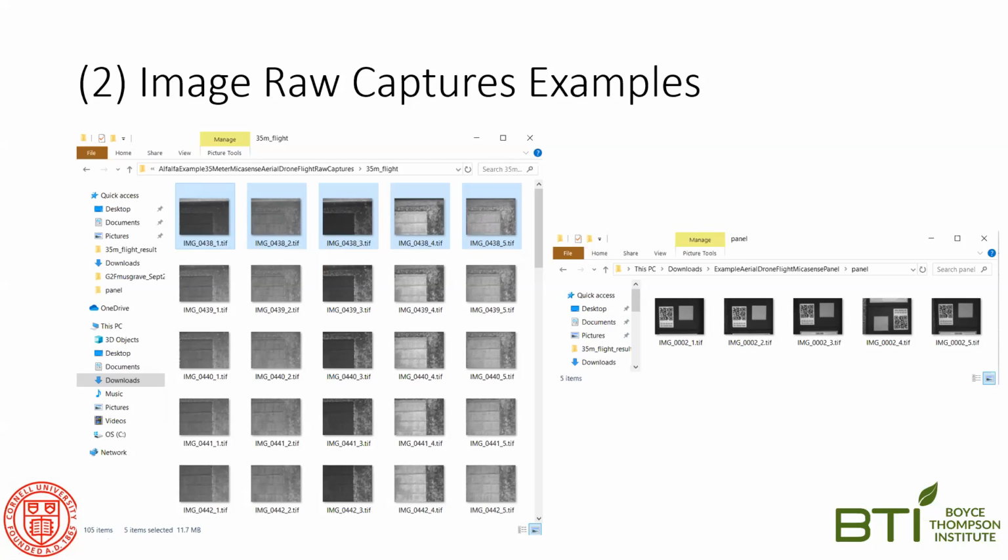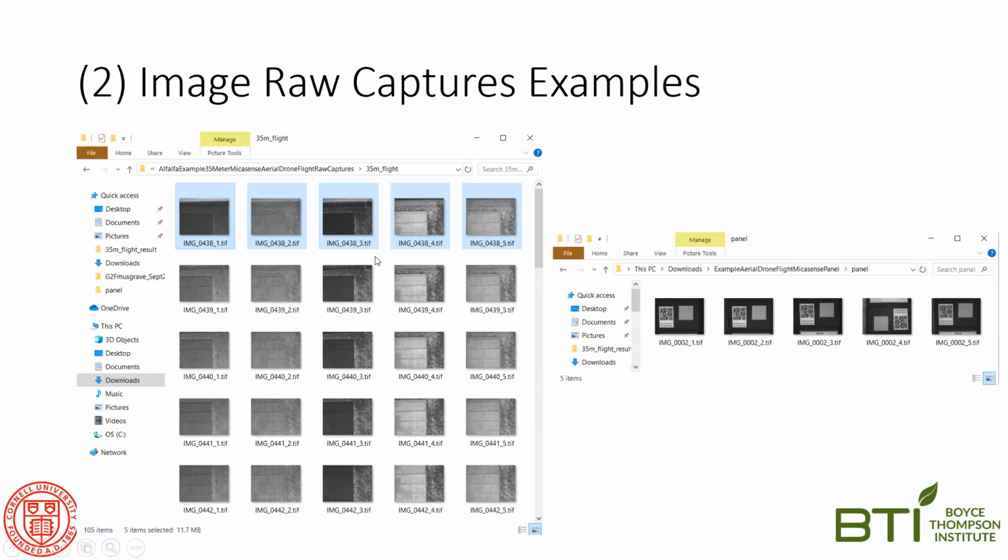So as many of you probably know, you get these _1, _2, up to _5 for the blue, green, red edge, or near infrared and red edge. And so this is the raw data, and then you also have the panel, the calibration panel.